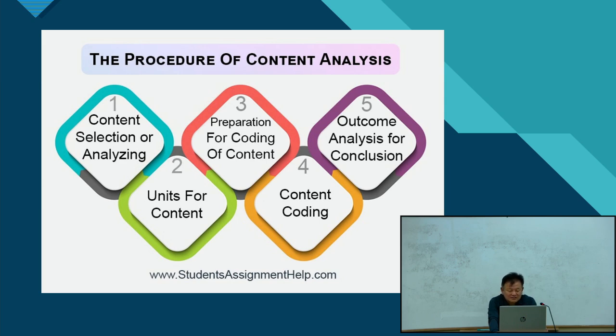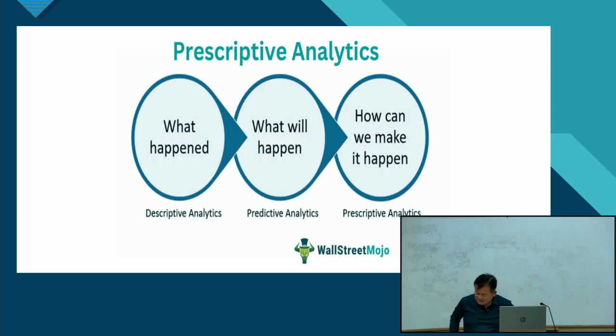And finally, outcome analysis for conclusion. Make a conclusion. So content analysis is a research tool used to determine the presence of certain words, themes, or concepts within some data.